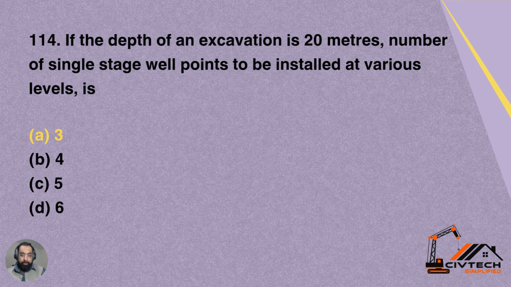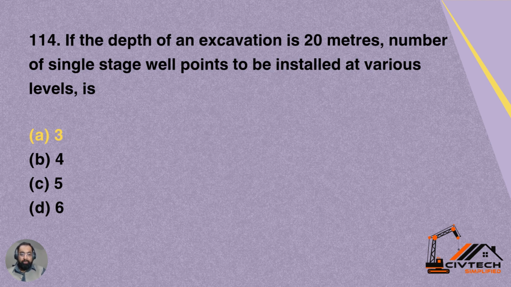114. If depth of an excavation is 20 meter, number of single stage well points to be installed at various levels is, so how many wells would be installed for dewatering if the depth of the excavation is 20 meter? Option A is 3, option B is 4, option C is 5, option D is 6.